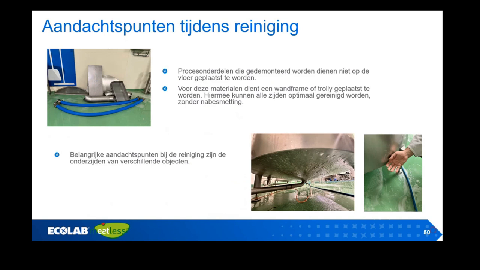So he recommended maybe a trolley, so you can put everything that is clean in another safe, clean environment, or maybe on the wall, like a frame. So you can put it on the frame, and then you know it's clean, so you cannot get contamination.